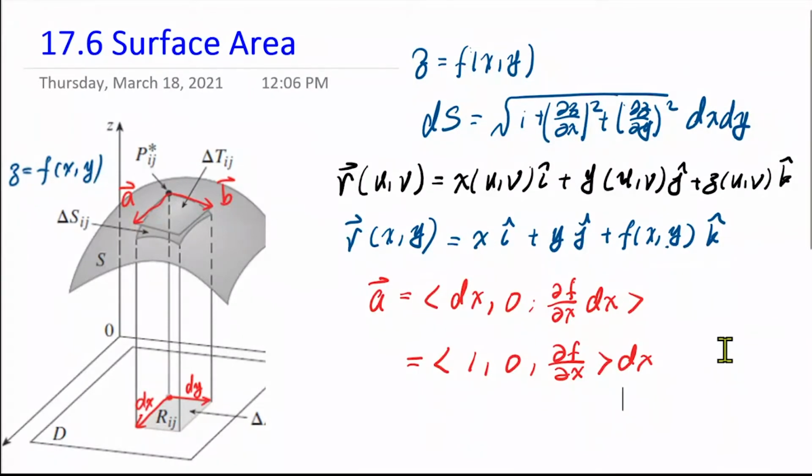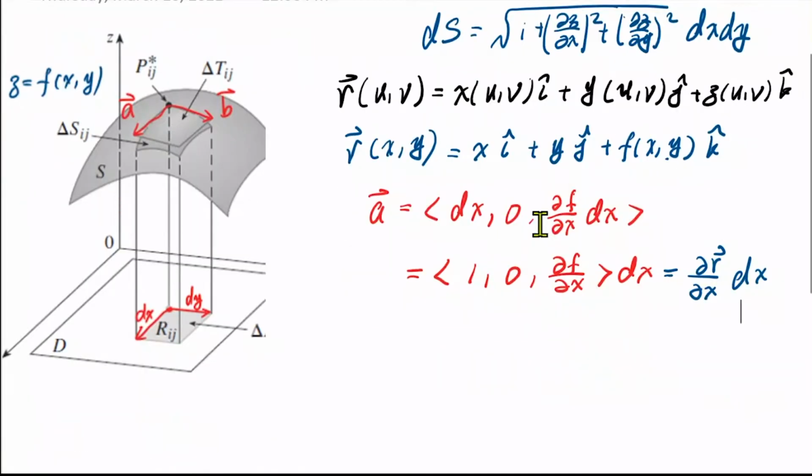So this thingy is in fact the partial r partial x dx, isn't it? So we don't have to think with geometry. We can just take a partial derivative of this thing with respect to x, is the whole point here.